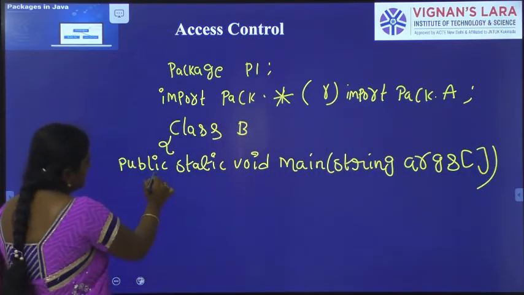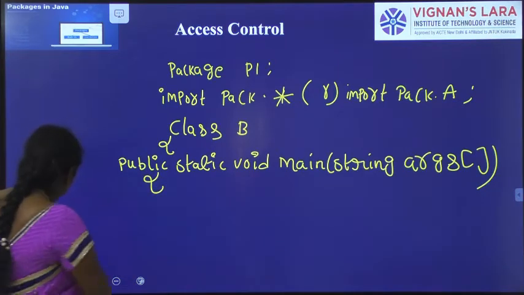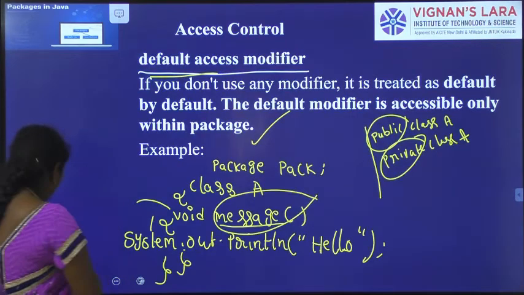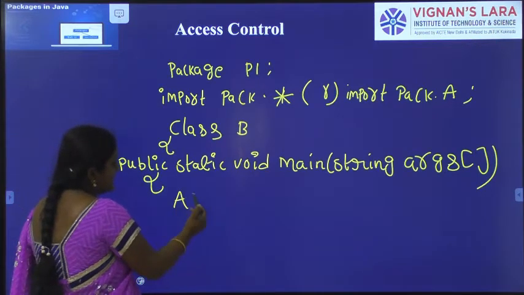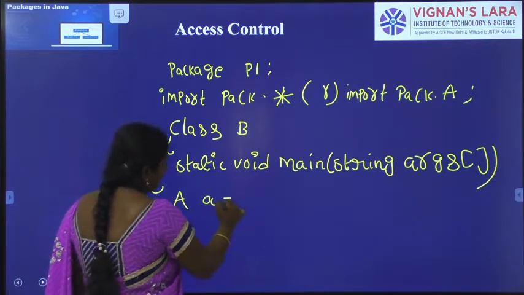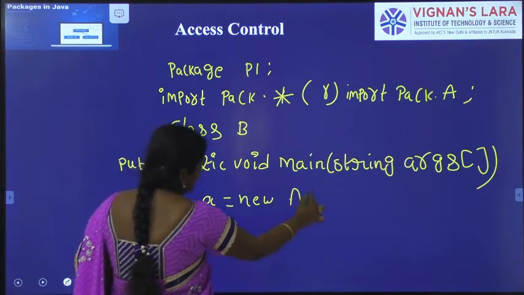After main you can open the curly brace. So directly we can create an object of the A class. In this B class directly we can create an object of the A class. Here A a = new A.